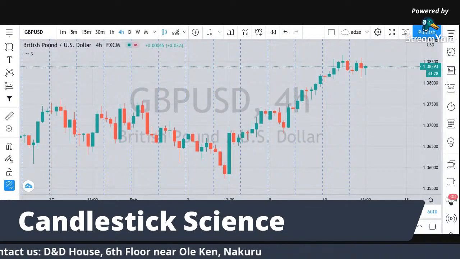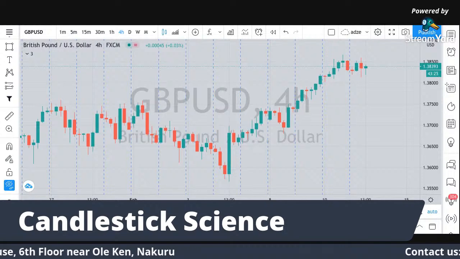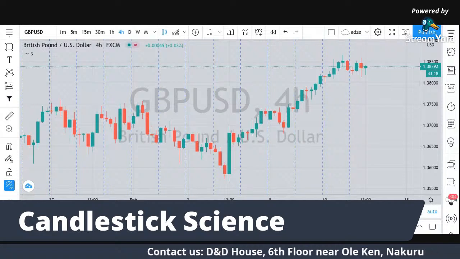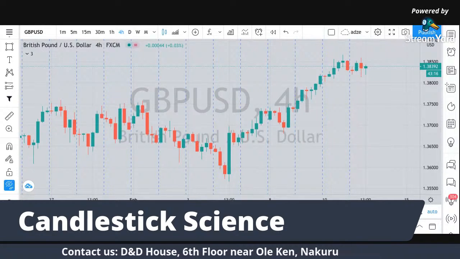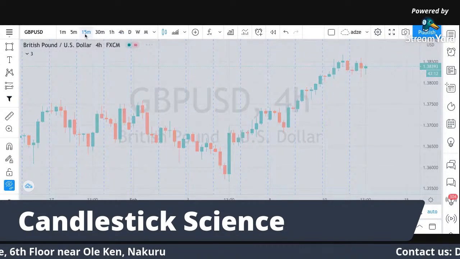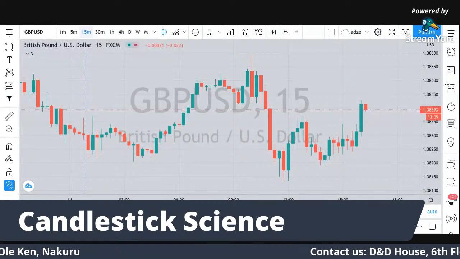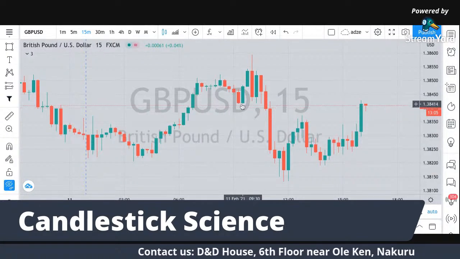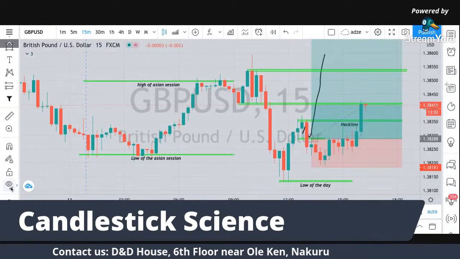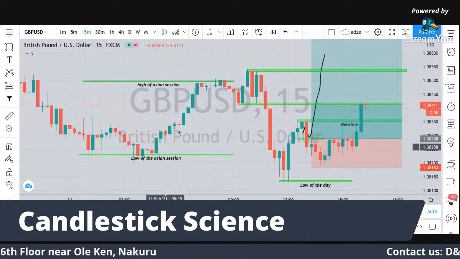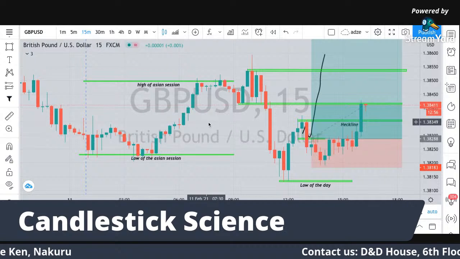Yeah, and I think they're going to use the news as an excuse to perform some shenanigans. Let's see. Seems like this area is an area of interest because this big fat candle has been rejected in the 15 minutes time frame.